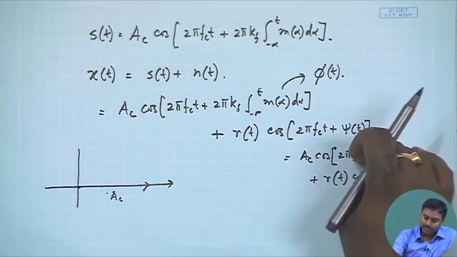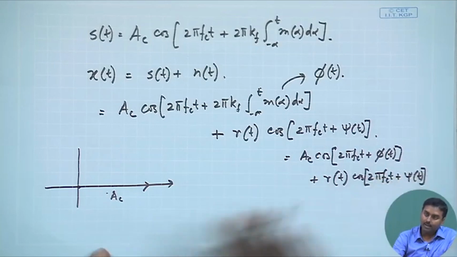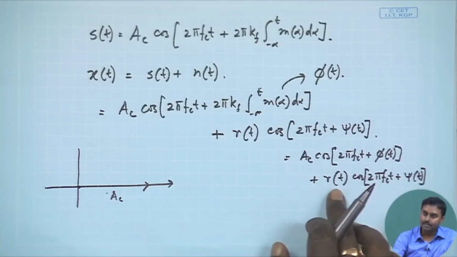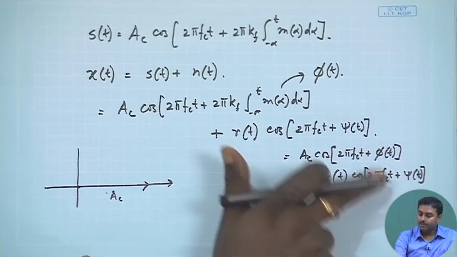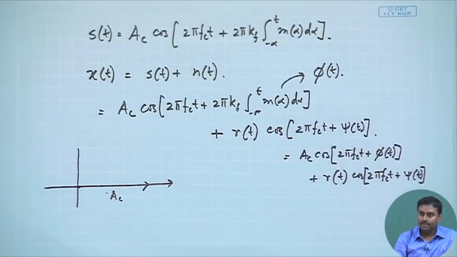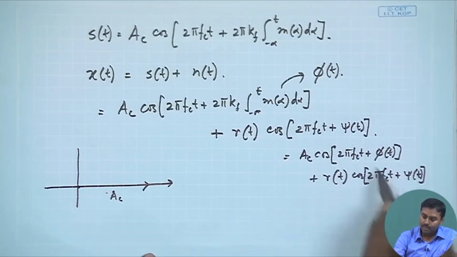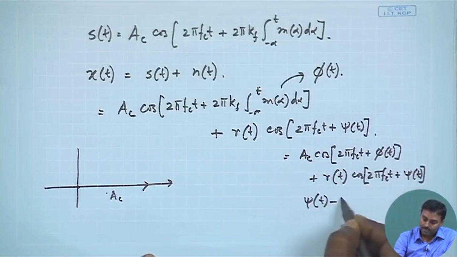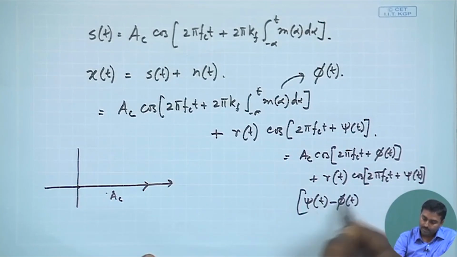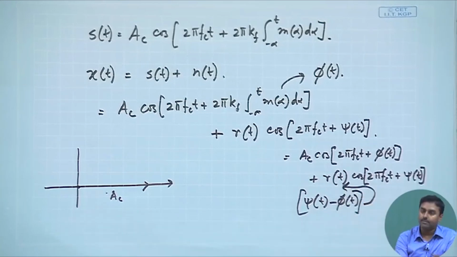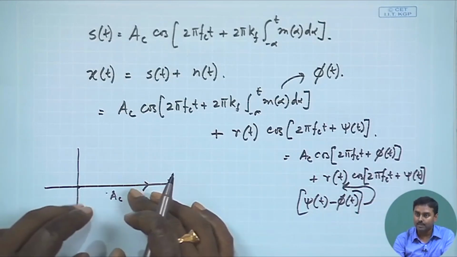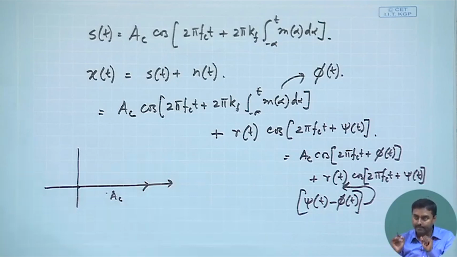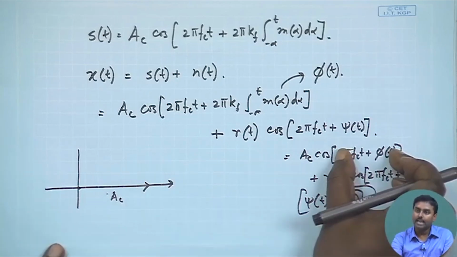So, this is the reference angle. Therefore, what is the angle of this phasor? That must be this minus this, so 2 pi f c t gets cancelled. So, psi t minus phi t becomes the angle of this one with respect to this reference. Remember that we have taken the reference with respect to this, so that becomes the 0.